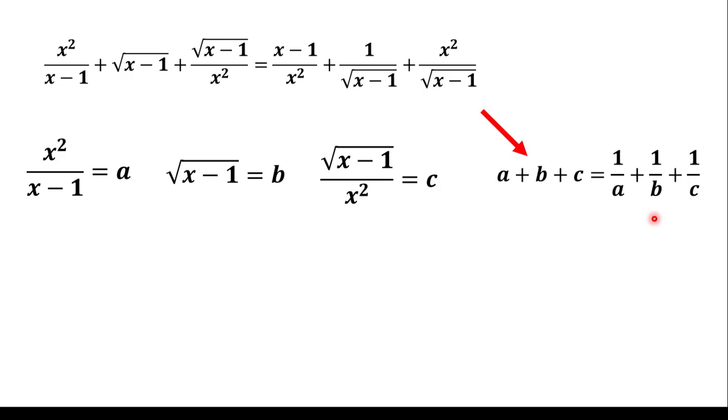abc is our common denominator, and in the numerator we get a times b plus b times c plus a times c.